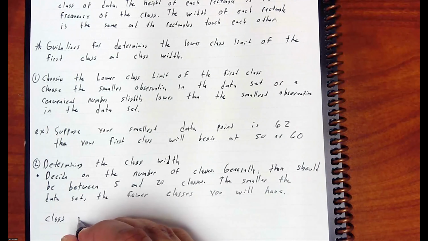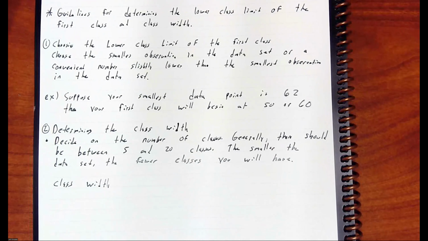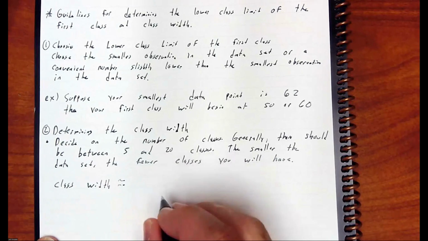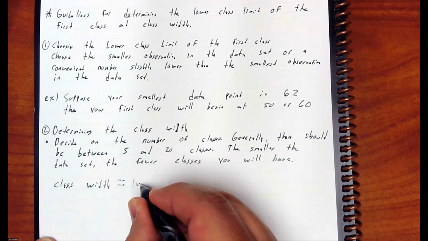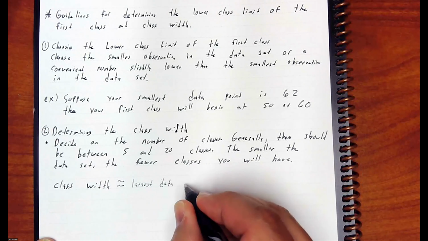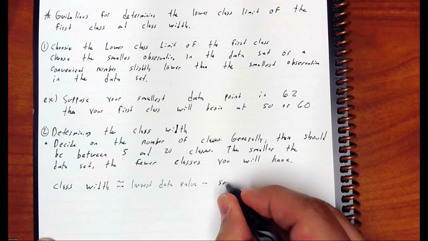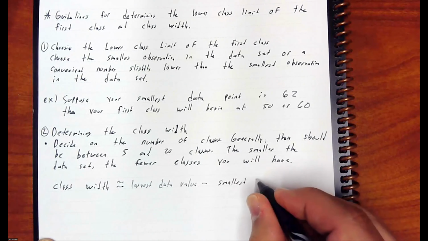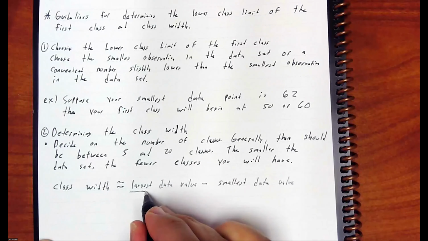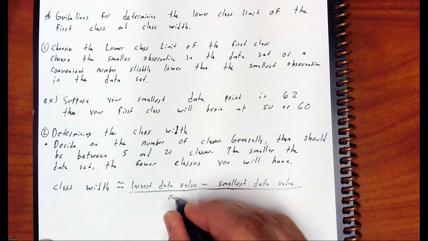Here is the formula for class width. Class width is approximately equal to the largest data value minus smallest data value, divided by the number of classes.